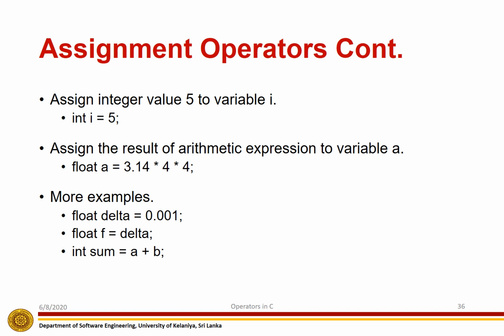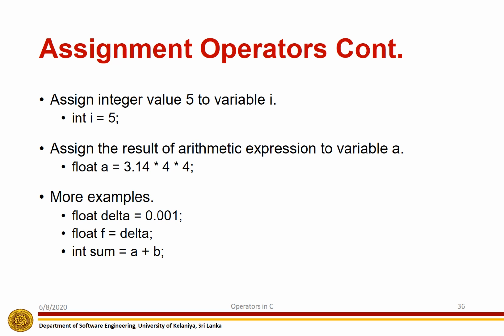And there are more examples in here. Float delta equals 0.001. So the value 0.001 will be assigned to float variable delta. After that, float f equal delta. From the above one, now delta is 0.001. So this delta value will be assigned to variable f.